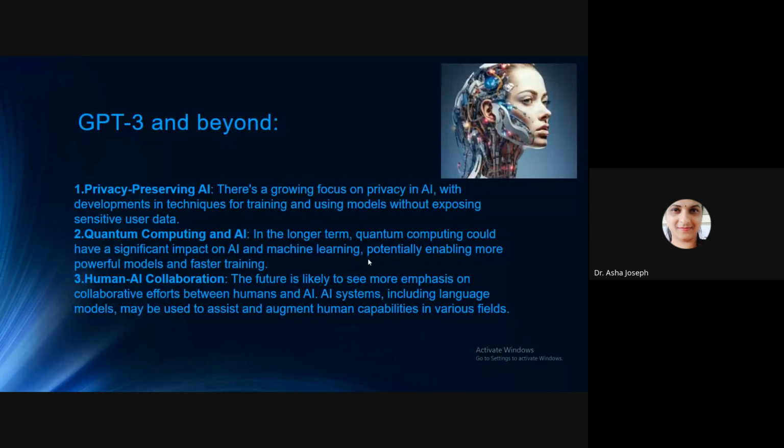People are doing more research in these particular fields. One is security, that is privacy preserving AI. There is a growing focus on privacy in AI, with developments in techniques for training and using models without exposing sensitive user data. Whoever is doing research work on medical data, right? Medical data is sensitive user data.